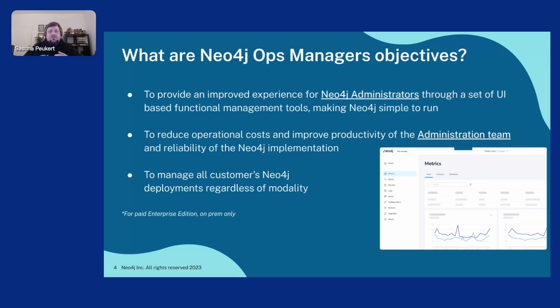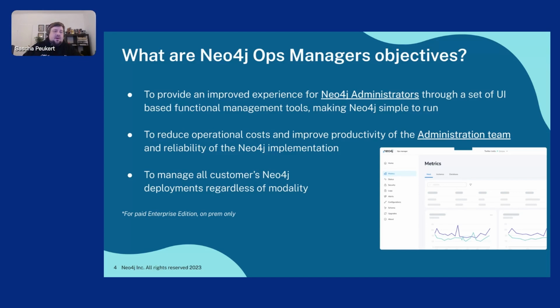In short, you can use it to monitor your Neo4j deployments, as well as, basically, it gives you little helpful tools to take off the dirtier things when it comes to operating Neo4j. Like, we do the things for you, basically. We give you help when it comes to upgrading from one version to another, or you don't have to remember all those pesky little Cypher commands when it comes to setting up roles and access control. There's a UI for that.